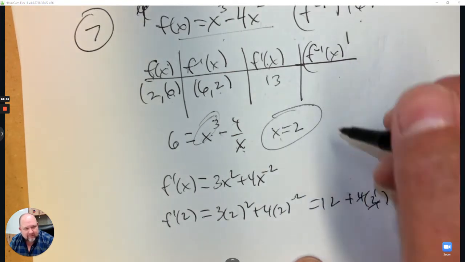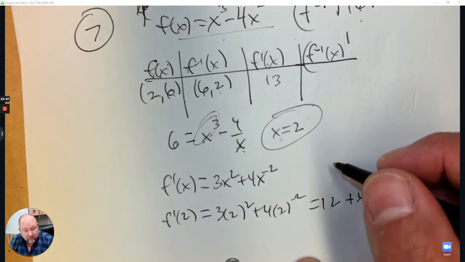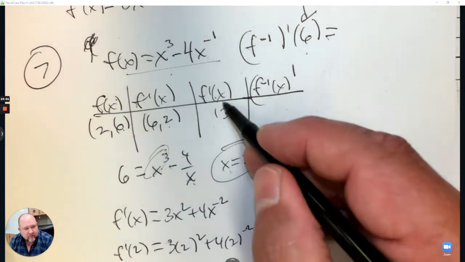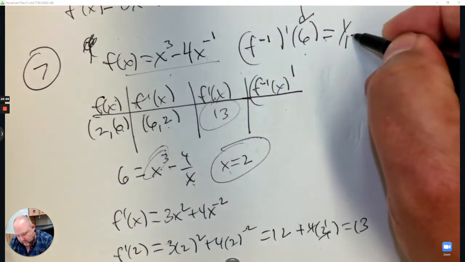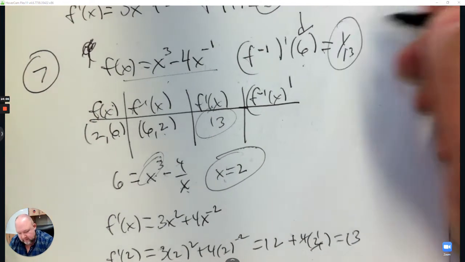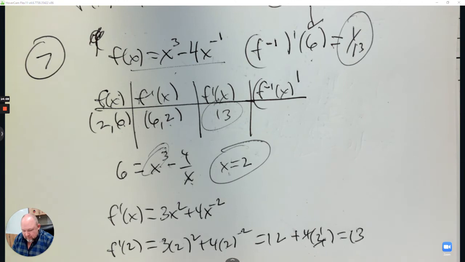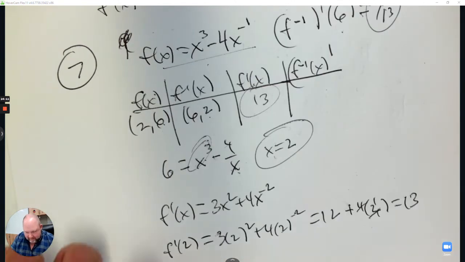So that means what we're looking for, which is this up here, is the reciprocal of that. So the answer is 1/13. There's your end answer. Not too bad, right? If we organize it and practice it, we can do this.